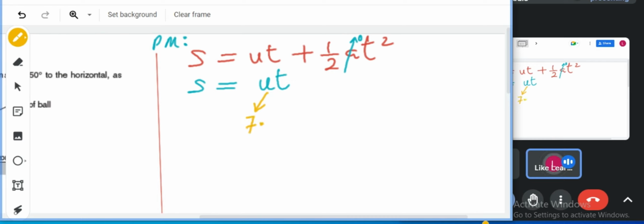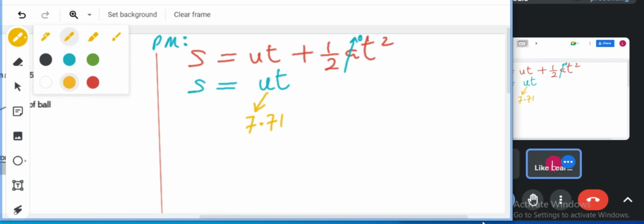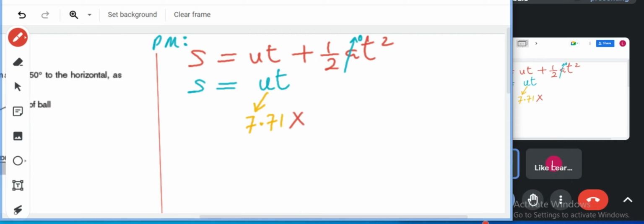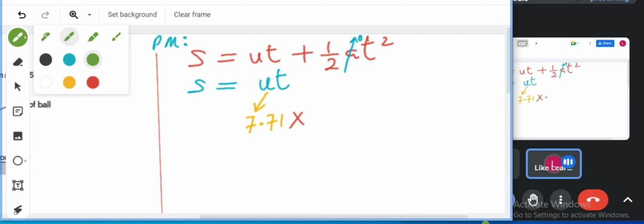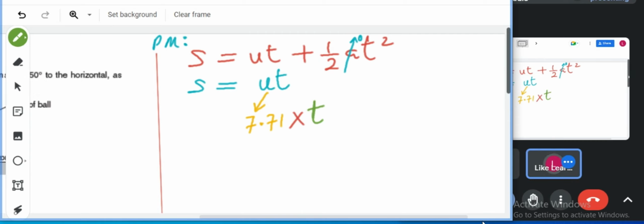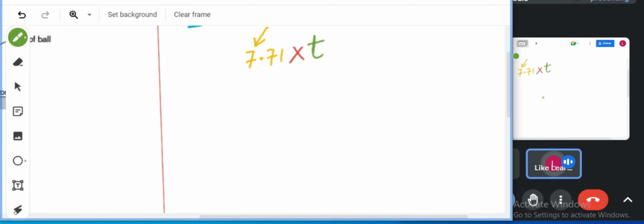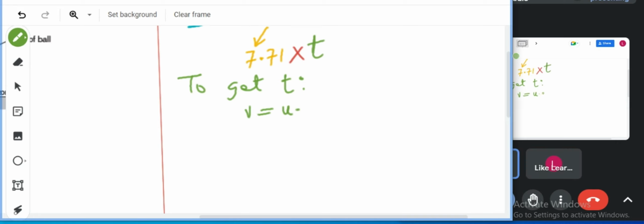This is 7.71 times t. So we need to find t. Okay? Yeah. How do we get t? We can use v equal to u plus at.